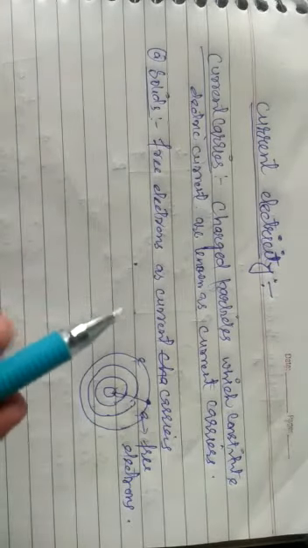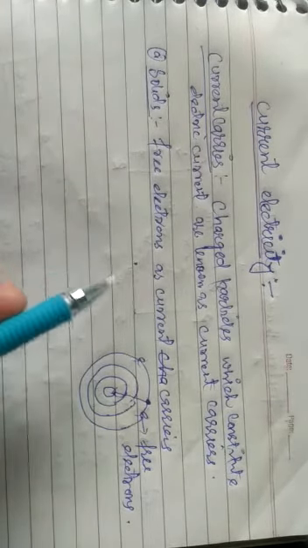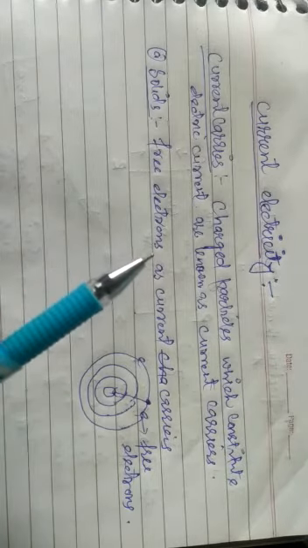Under the effect of an external electric field, these free electrons move in the direction opposite to the direction of the electric field.